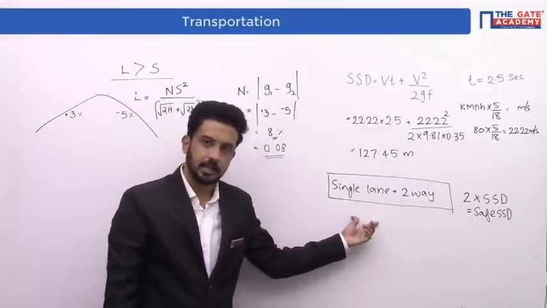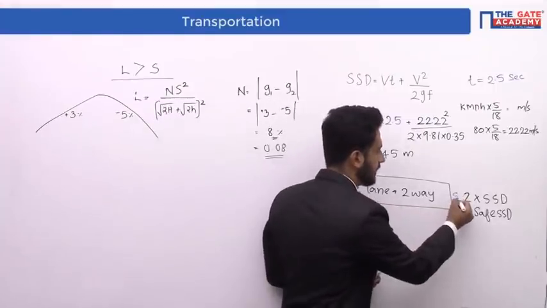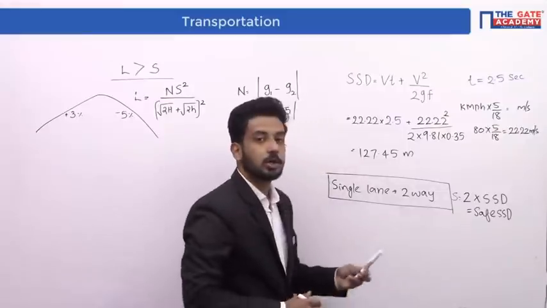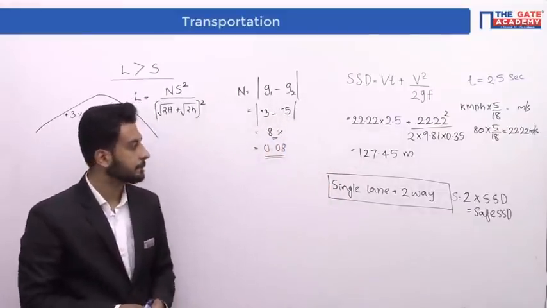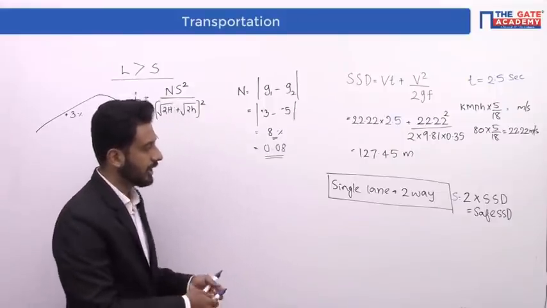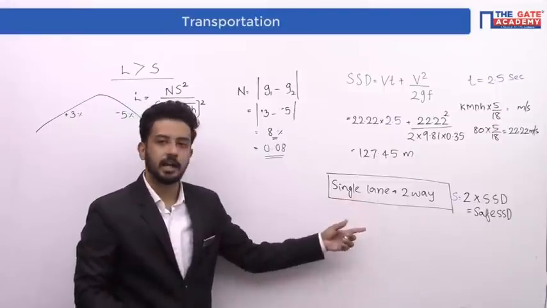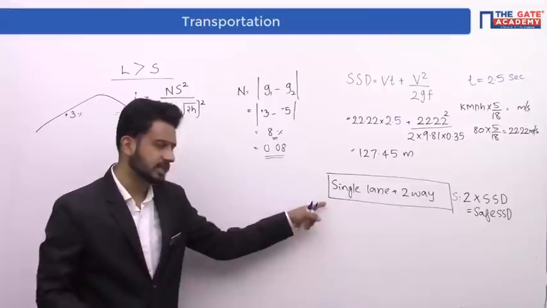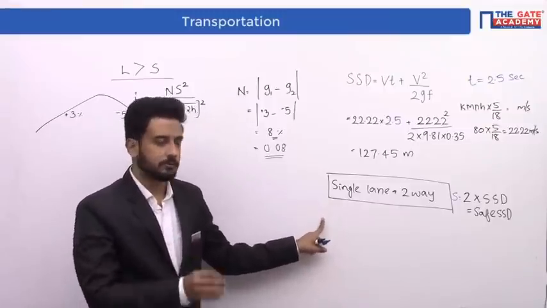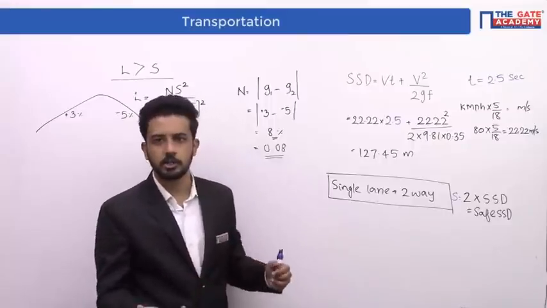If it is a single lane 2 way, then the S value will be equal to 2 times the calculated stopping sight distance, and we have to multiply by 2 only if it is a single lane 2 way road. So check whether our question has this condition or not. If it is this condition, we have to multiply. If it is not, no need to multiply.